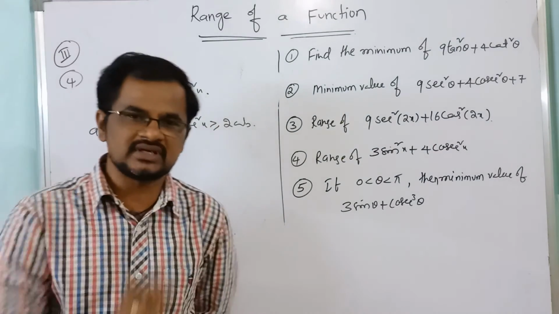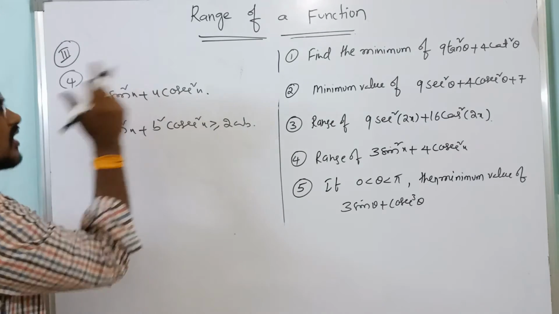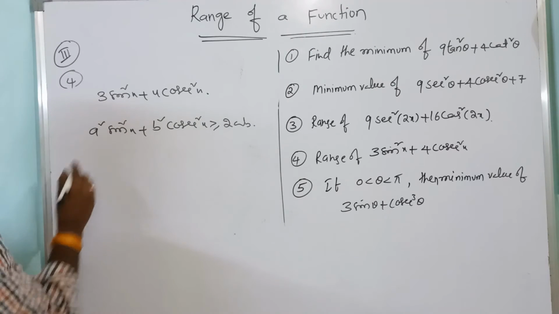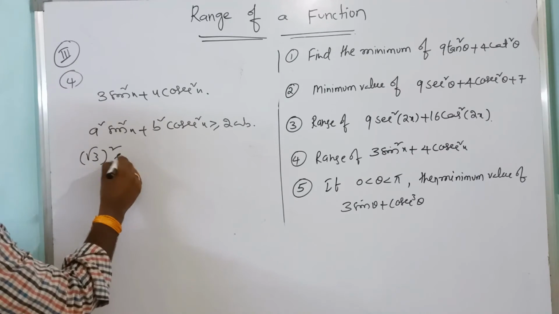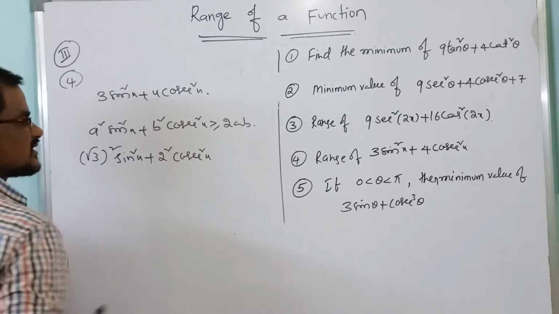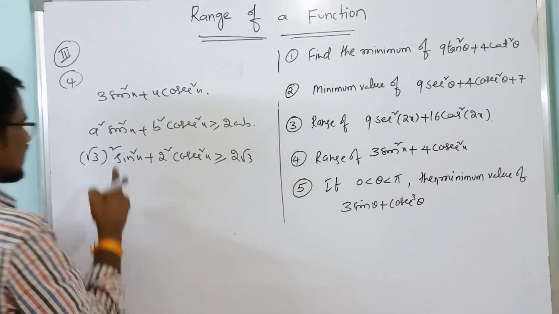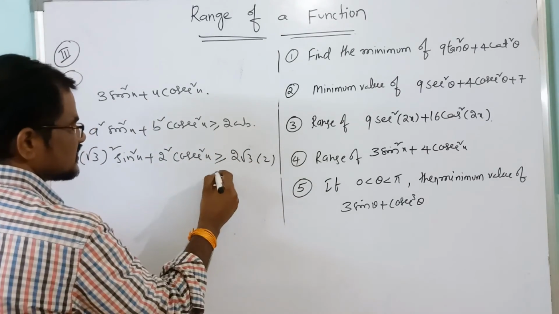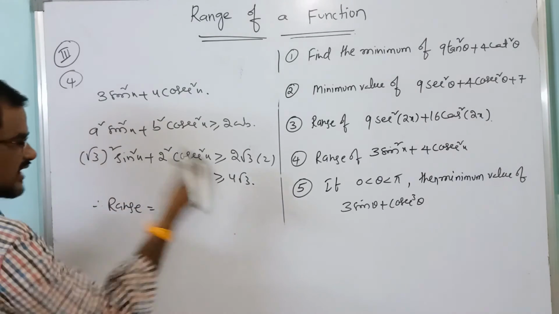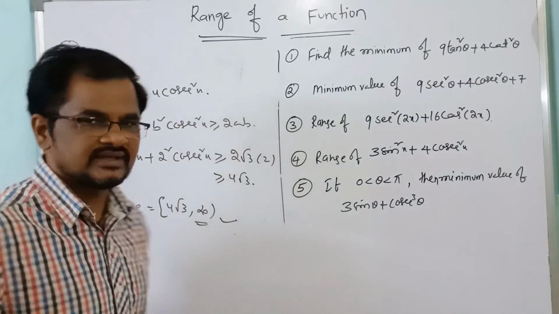If you apply arithmetic mean greater than or equal to geometric mean for these two terms, you will get it. Now this one is root 3 whole square sine square x plus 2 square cosecant square x, greater than or equal to 2 times, a is root 3 and b is 2, that is greater than or equal to 4 root 3. So therefore the minimum value is 4 root 3, and the range is 4 root 3 to infinity.